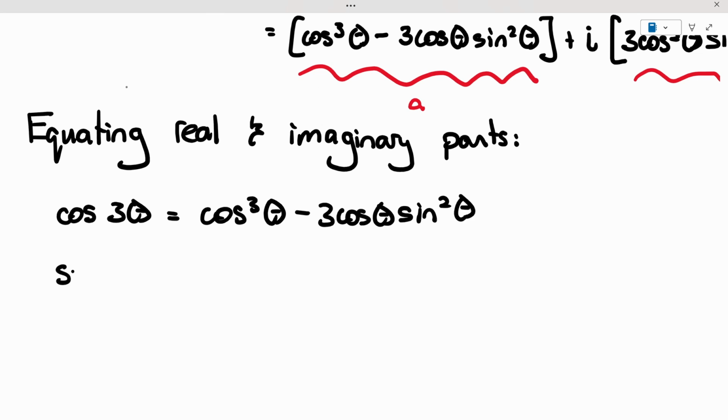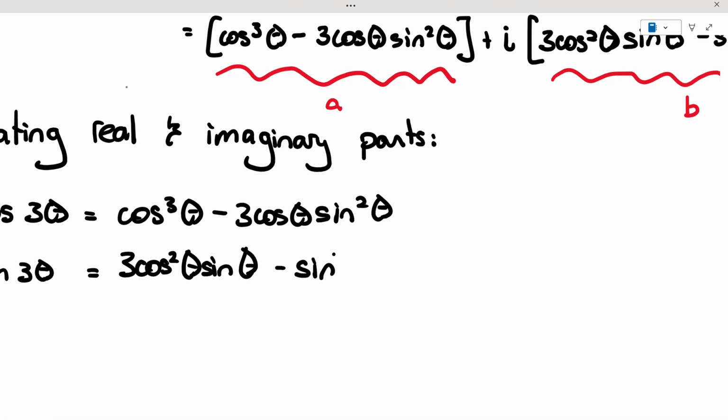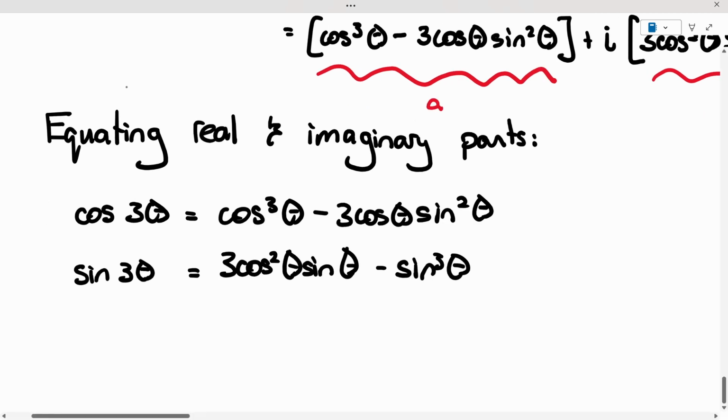And sine 3 theta, we had i sine 3 theta, so sine 3 theta is 3 cos squared theta sine theta minus sine cubed theta. Right? So we've just written cos 3 theta and sine 3 theta in terms of cos and sine. So that is another application of De Moivre's theorem.